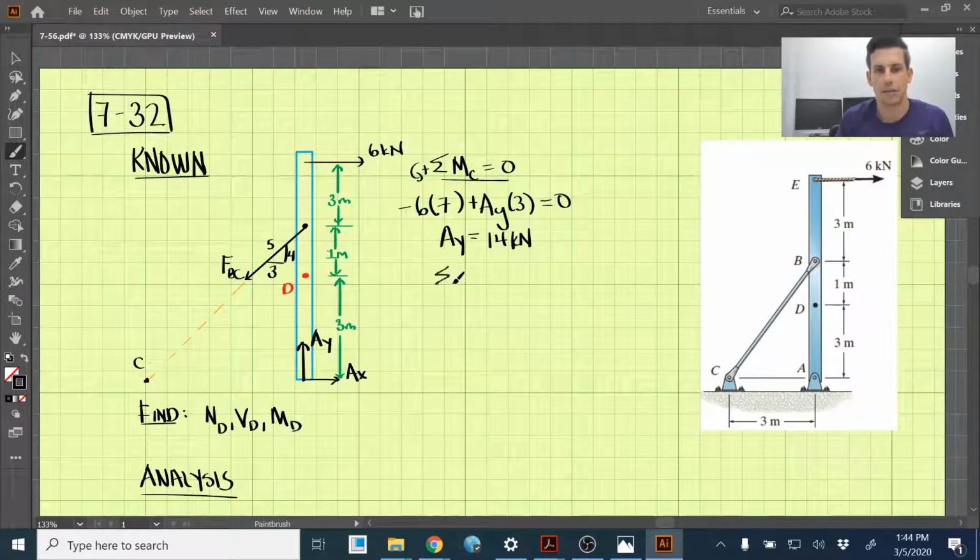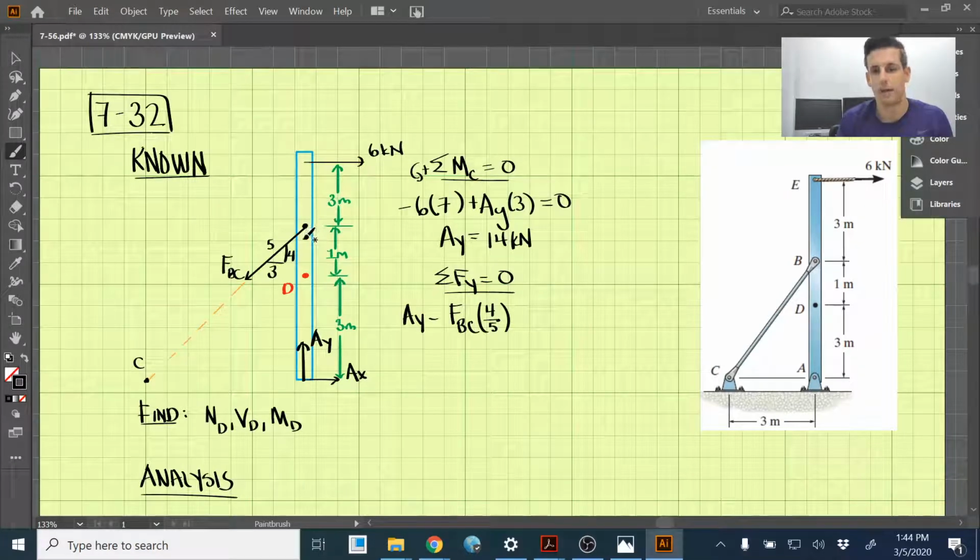Okay, now let's take the sum of the forces in the y direction and set those equal to 0. So we have AY pointed up. We have a component of FBC, and that would be downwards. So we have FBC as a negative, and the vertical component is 4 divided by the hypotenuse, which is 5.